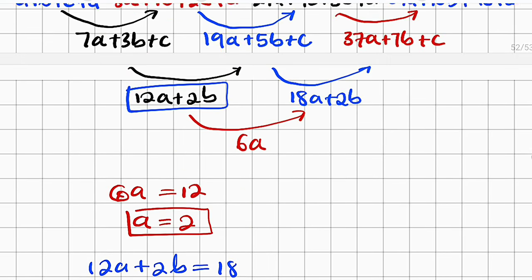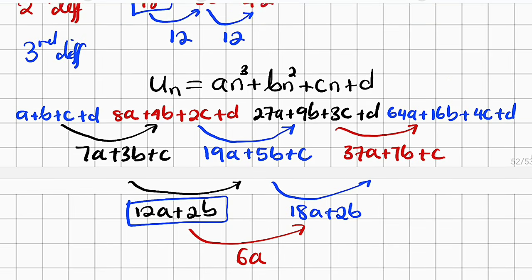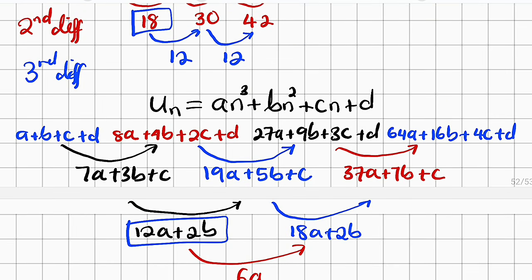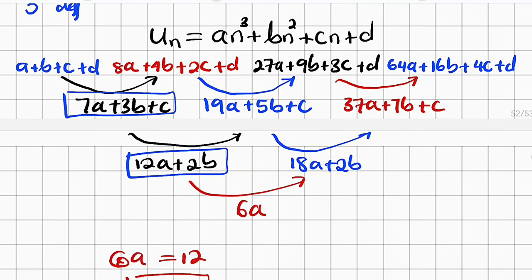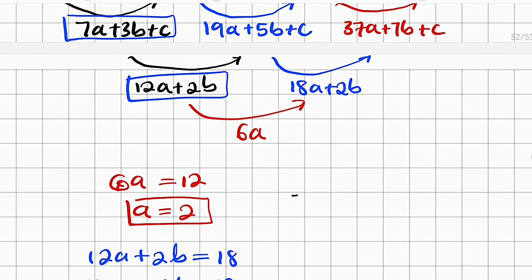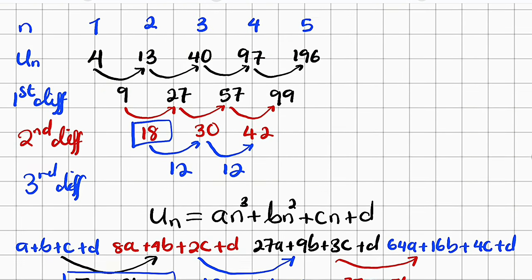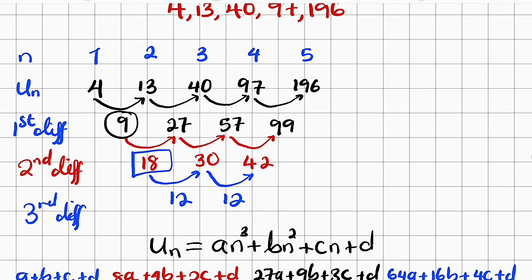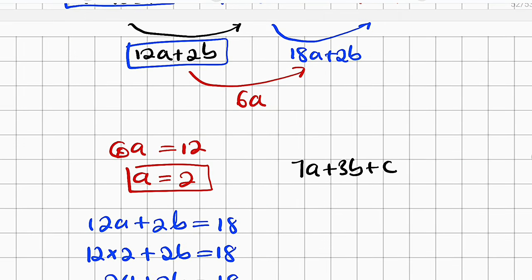Now let us go ahead and find c using the first difference, right? This is the first difference, first term. Let me write it first. 7a plus 3b plus c. Now I need the first difference, first term, which is 9. This is equal to 9. But remember, a is equal to 2, so we have 7 times 2 plus 3 times what?